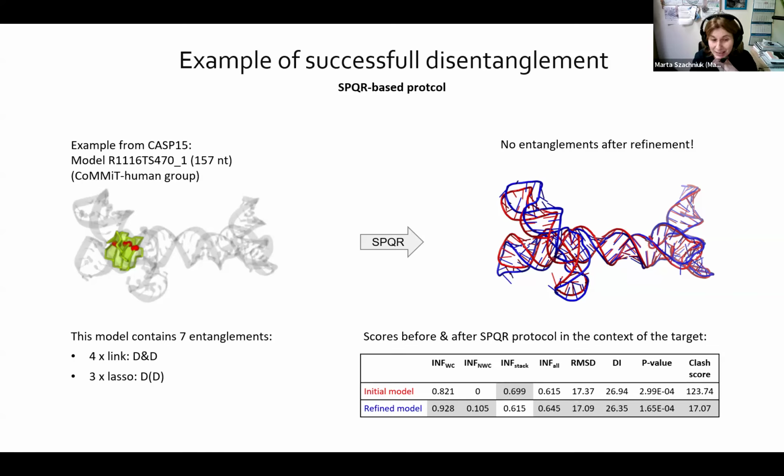We succeeded totally, so all the entanglements were resolved. And what we found out also is that most evaluation measures improved during the disentanglement procedure.